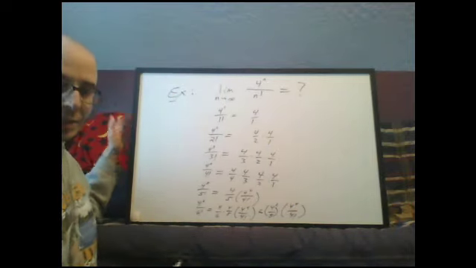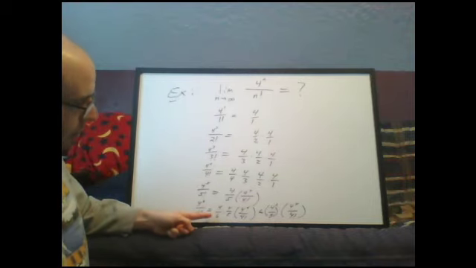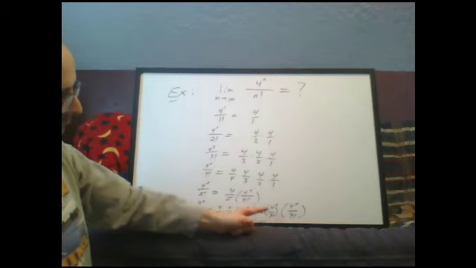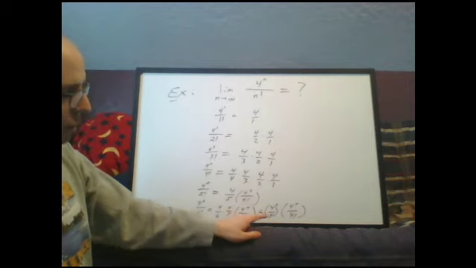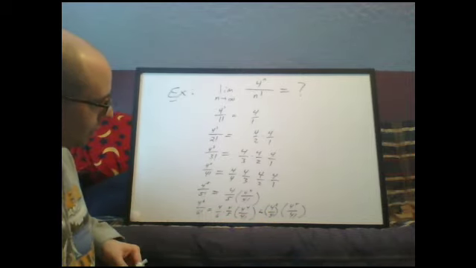To get the next one, the seventh term, I'd multiply by 4 over 7. But 4 over 7 is again less than 4 over 5. So what I'm going to get is a pattern.